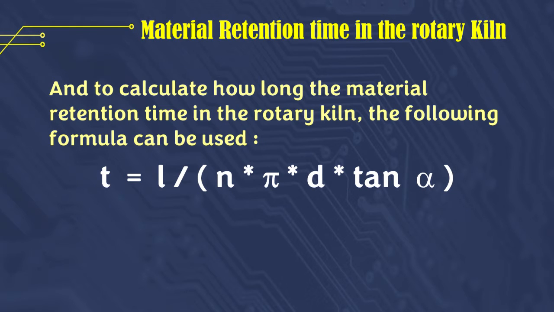And to calculate the material retention time in the rotary kiln, the following formula can be used: T equals L divided by N multiplied by pi D multiplied by tangent alpha.